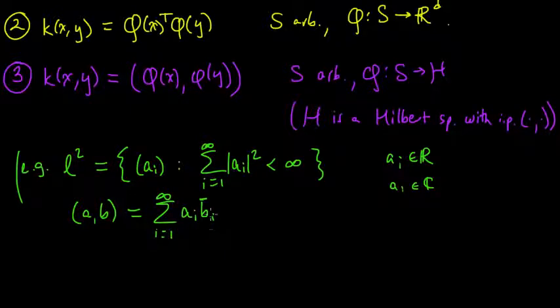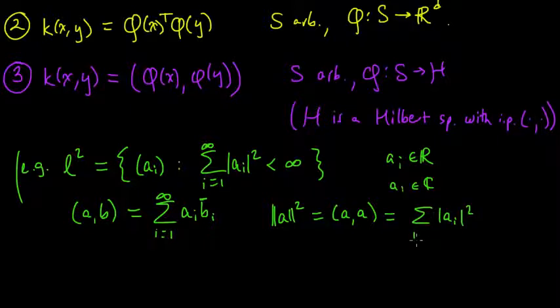And of course, the complex one specializes to the real case because the complex conjugate of a real number is just itself. You can define the norm in a Hilbert space so that the square of the norm is the inner product of an element with itself, and that's of course just this original thing here. That's just this infinite sum, the sum of the squares of the sequence.